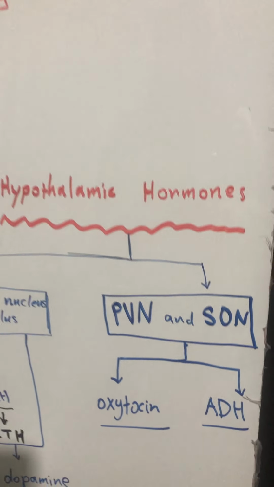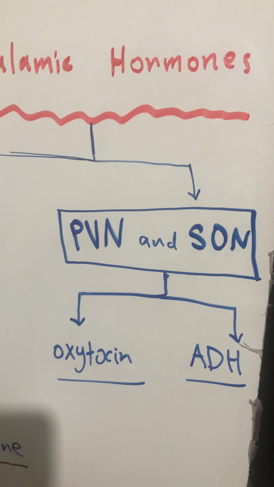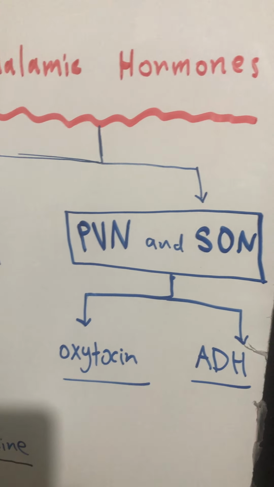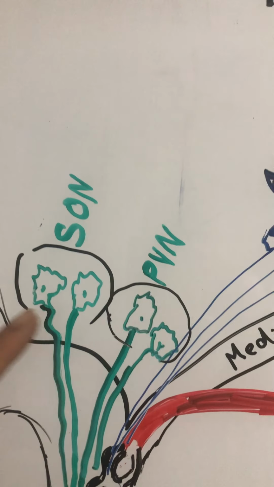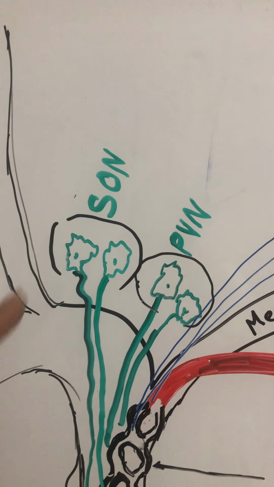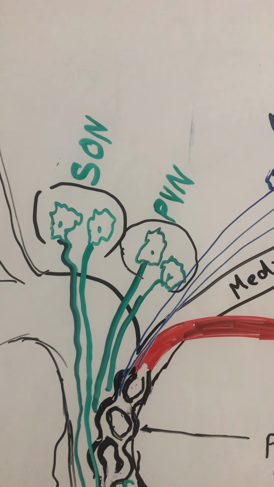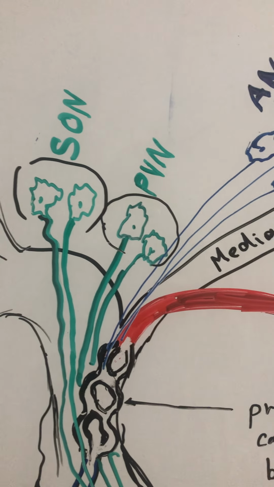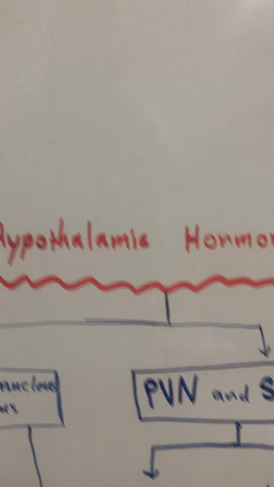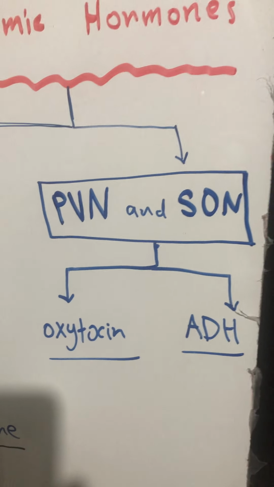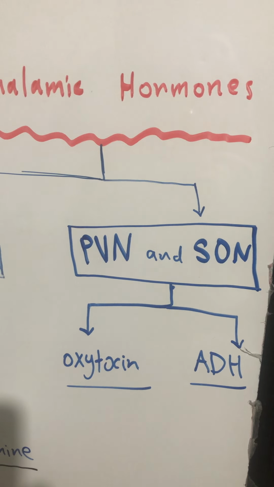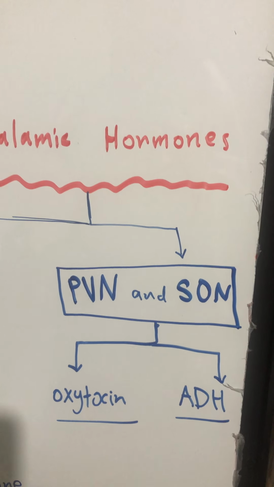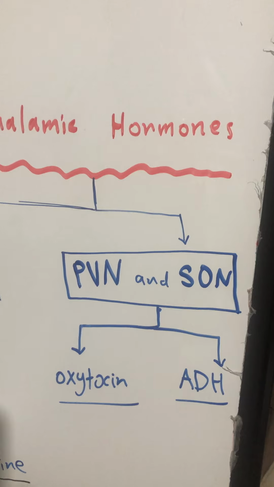Oxytocin, 80% of oxytocin is released by neurons in the paraventricular nucleus, and 20% is released by neurons in the supraoptic nucleus. While the antidiuretic hormone, ADH, or it has another name which is vasopressin, 80% of the ADH is released by the supraoptic nucleus and 20% is released by the paraventricular nucleus.